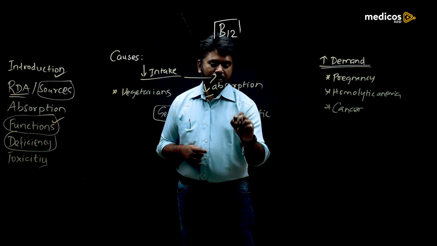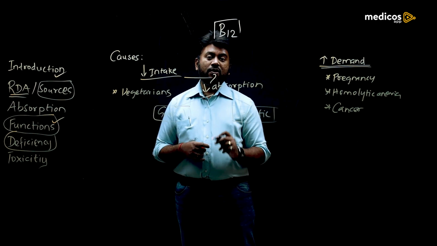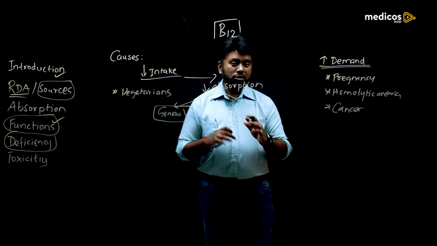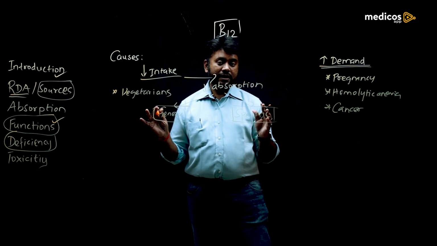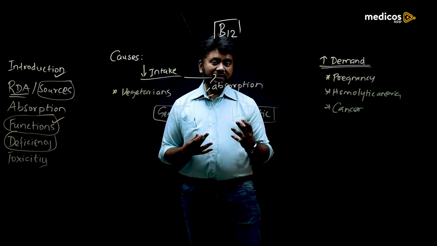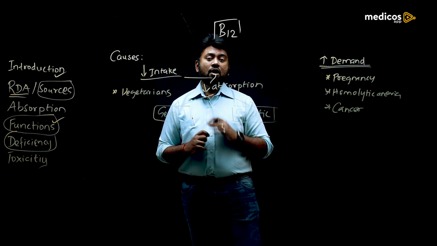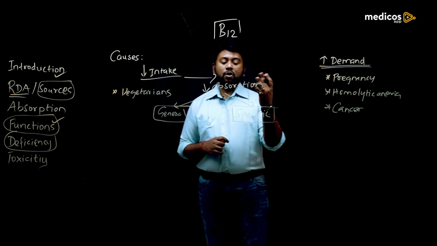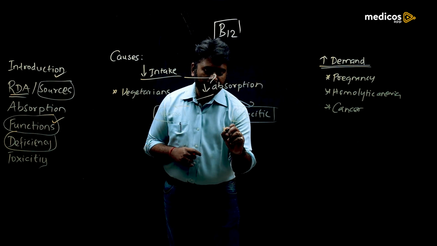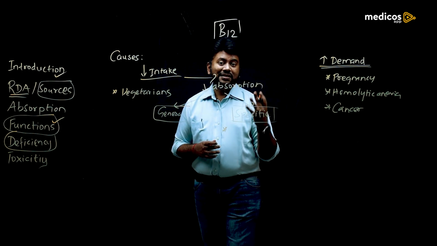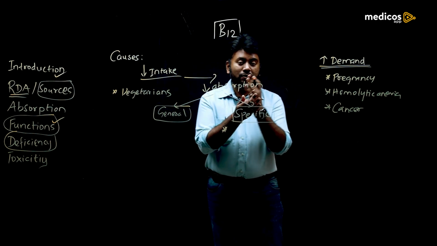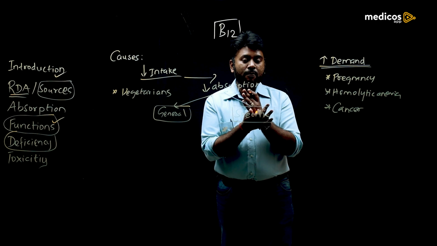Coming to the specific part, we know that the absorption of B12 is quite complex and involves a lot of proteins and other requirements. When those are affected, it specifically affects vitamin B12 absorption. To start with, we need acidic gastric pH to release the dietary B12 from the bound protein.